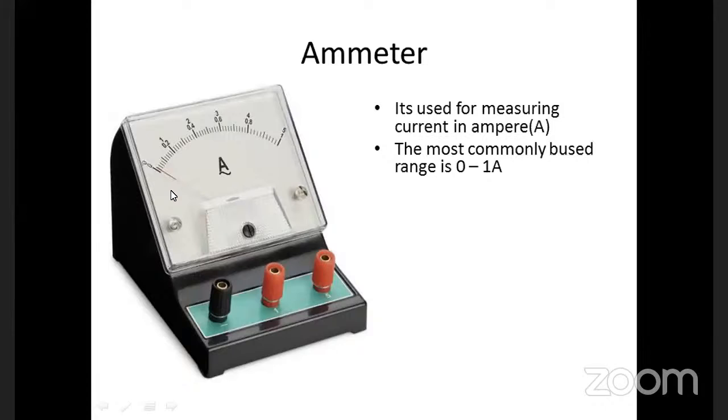Now, how do you use it if you want to measure current using the scale that runs from 0 to 1? What you do is you connect one of the terminals, in this case the negative terminal, the black terminal here.